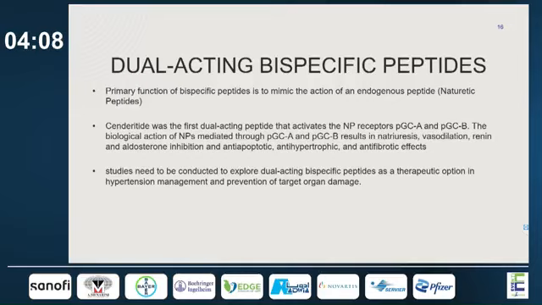One of the most important of these is cenderitide, which is the first dual-acting peptide that activates the natriuretic peptide receptors A and B. And their biological action is mediated through soluble guanylate cyclase and causes natriuresis, vasodilatation, and renin and aldosterone inhibition. Studies are still underway.